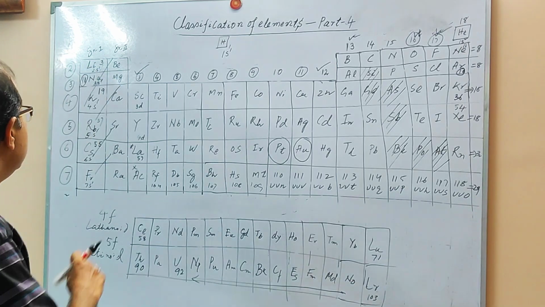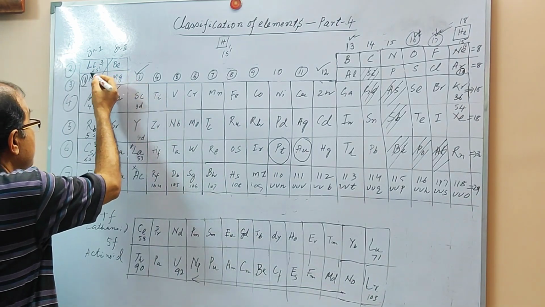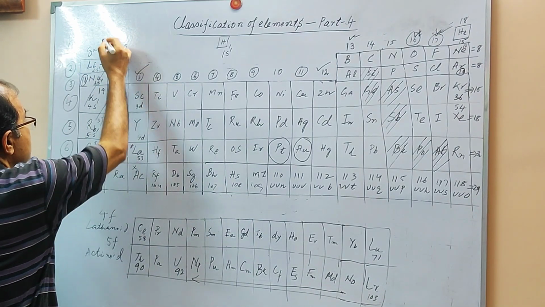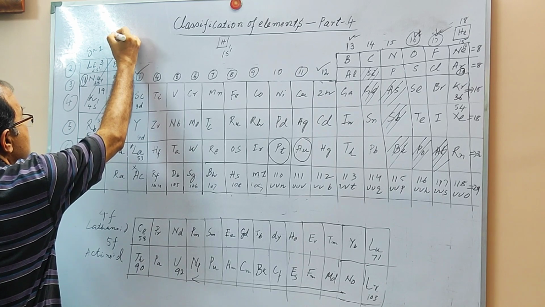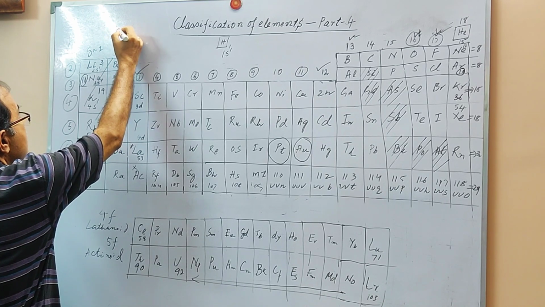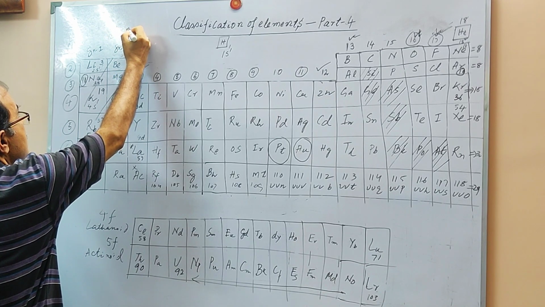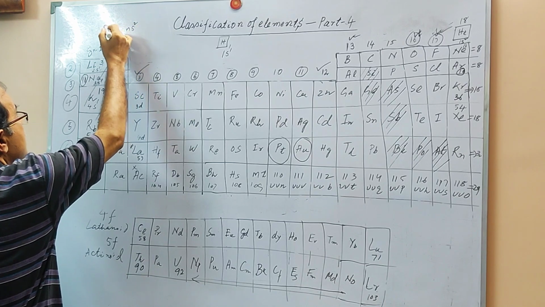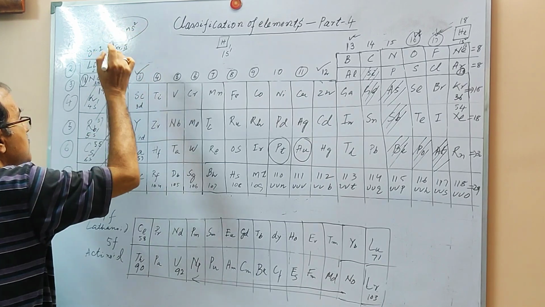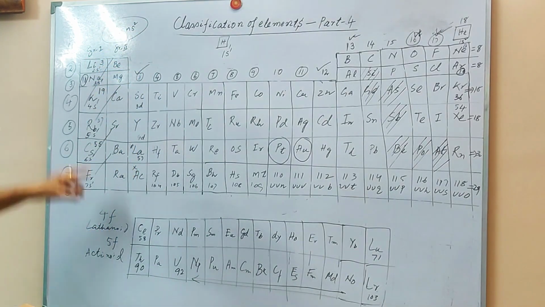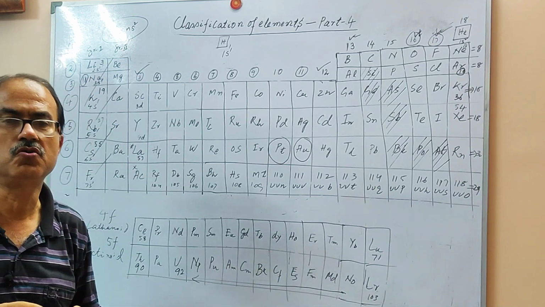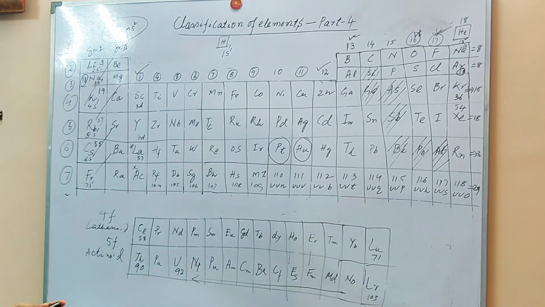You can see the general electronic configuration is ns1 to ns2. This is the general electronic configuration of the S block elements, because the last electron entered into the S subshell.